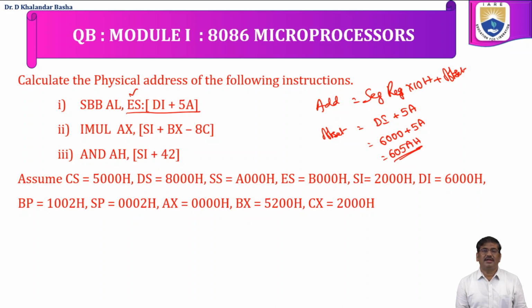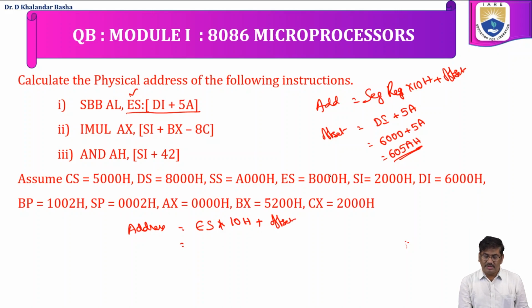For generating the physical address, we multiply the segment register. As per the instruction given in the example, it is referring to the extra segment. So the effective address is the extra segment register content multiplied by 10H, to which we add the offset value.